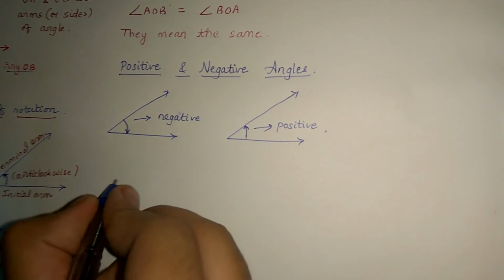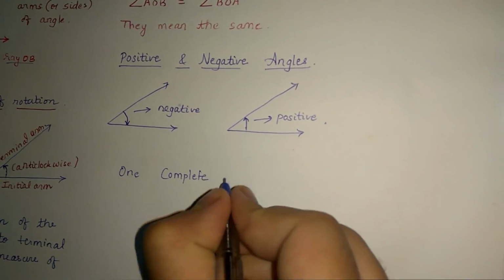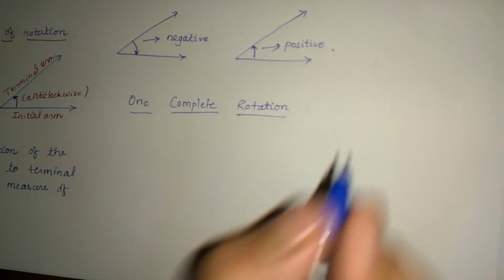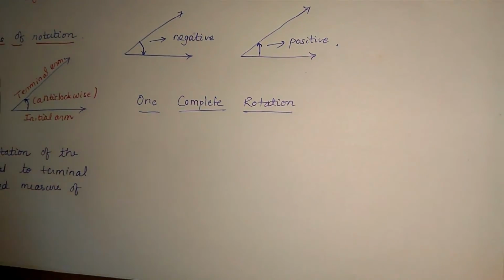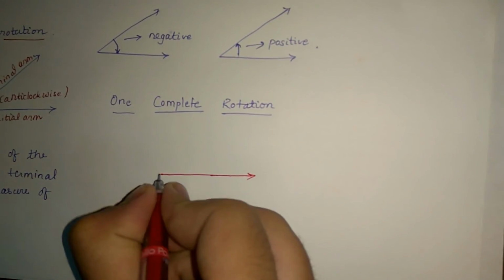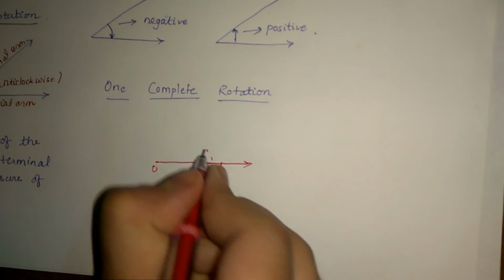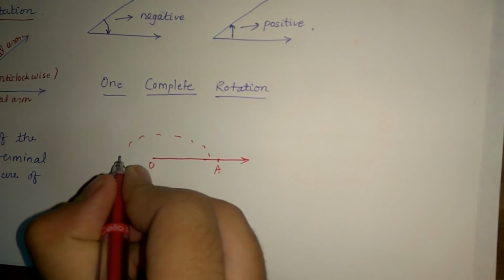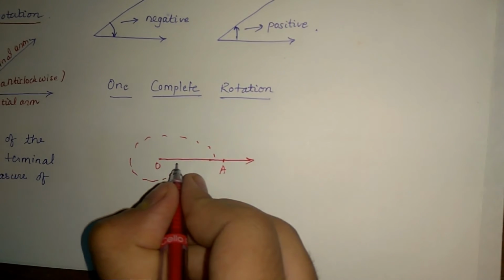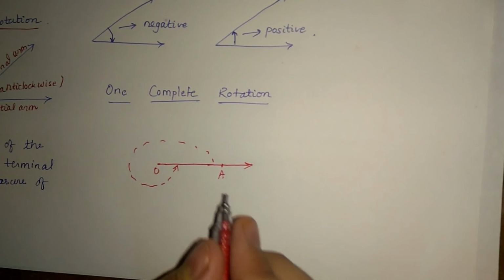Okay, the next concept is one complete rotation. So what is the meaning of one complete rotation? We'll discuss here. See, if this is a ray, this is O, this is point A. Now this ray travels like this, anti-clockwise, covers the entire circular motion and rotates and comes back to the same position OA back.